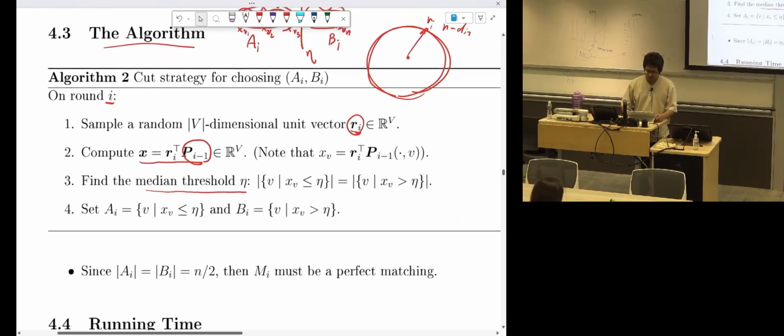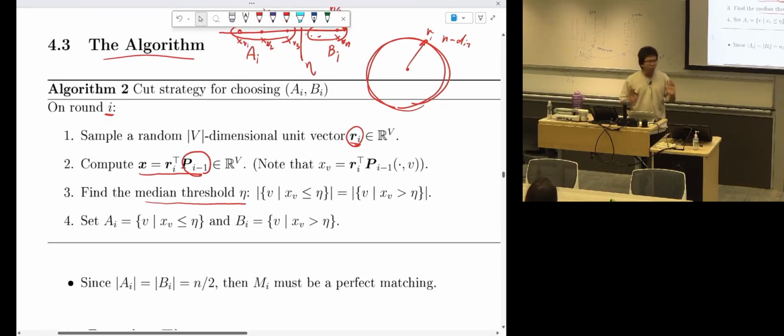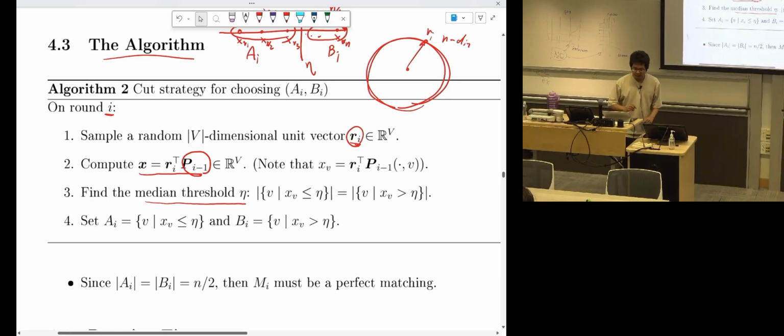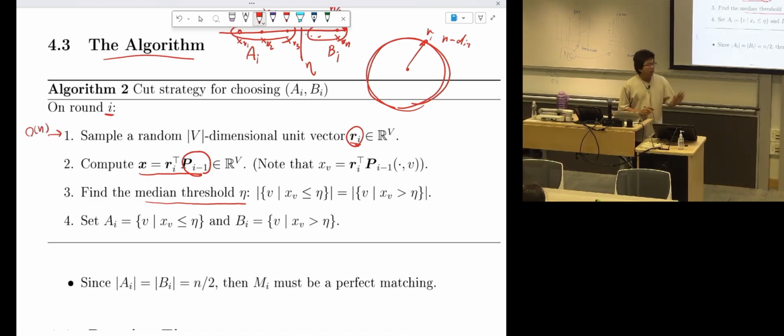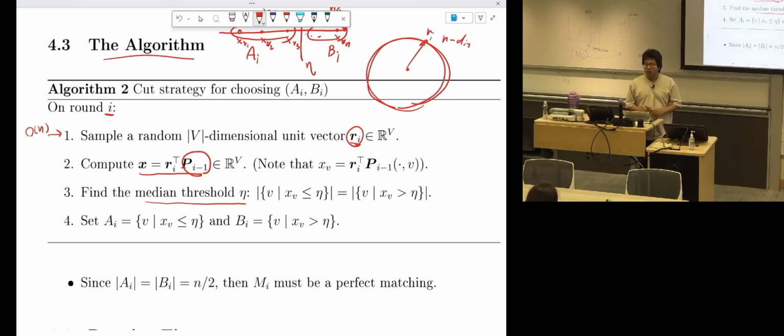Okay, good. So now let's see why this is fast. First, this thing can be done in linear time.